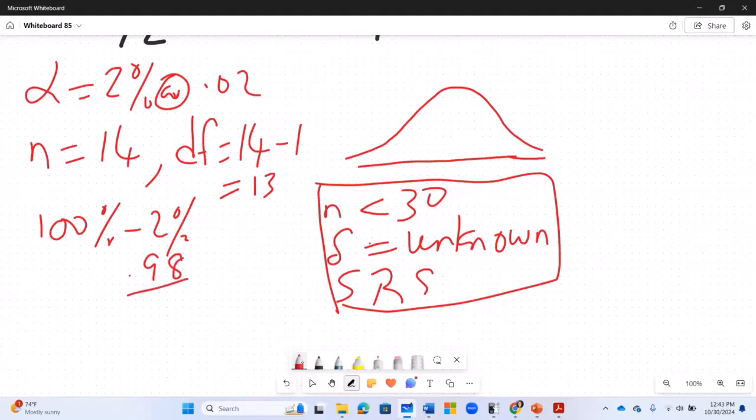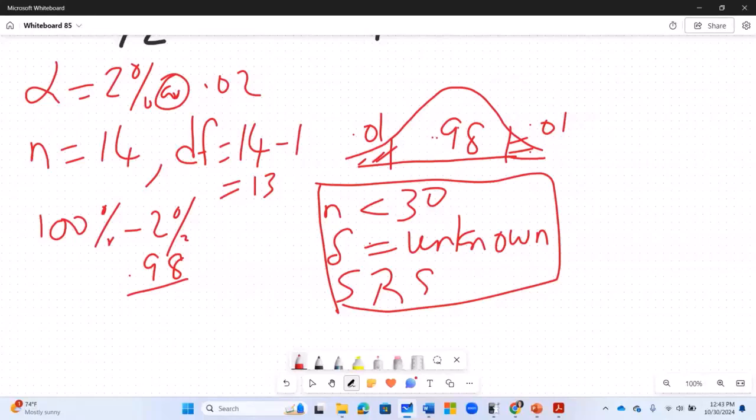All right, so the central number is 0.98. And then I divide 2% by 2, I have 1% on each side. So this is 1%, 0.01, and this is 1%, 0.01.